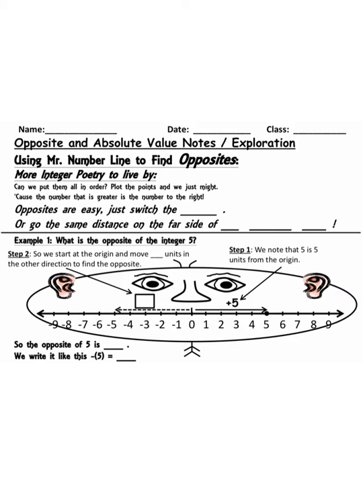It goes, opposites are easy, just switch the sign or go the same distance on the far side of Mr. Number Line. Here's what that means. The opposite of a positive number is going to be that exact same number but with a negative sign in front of it.